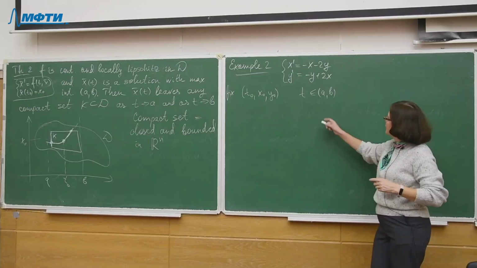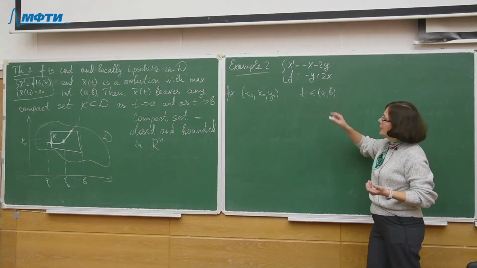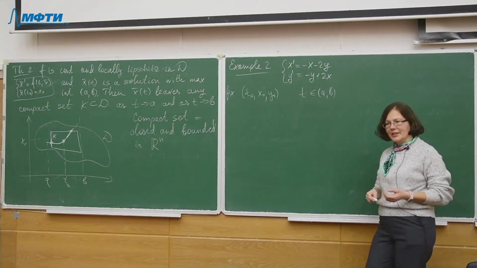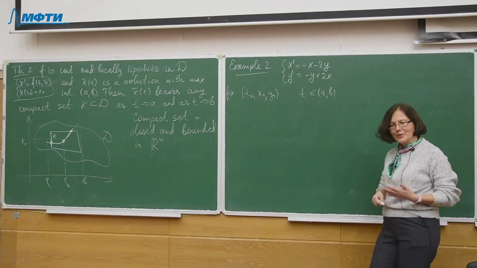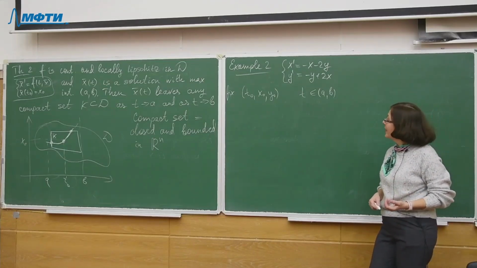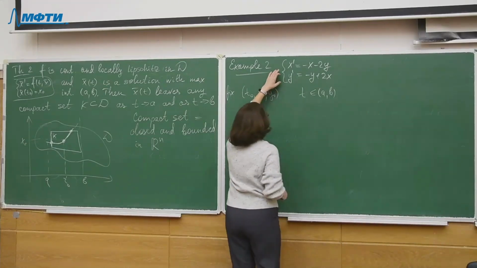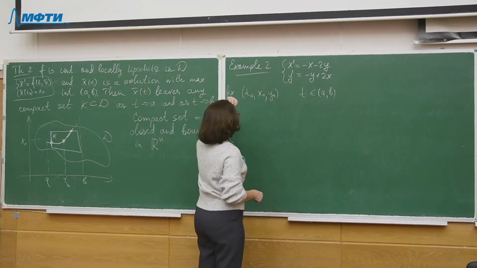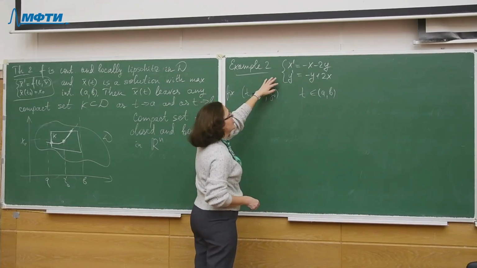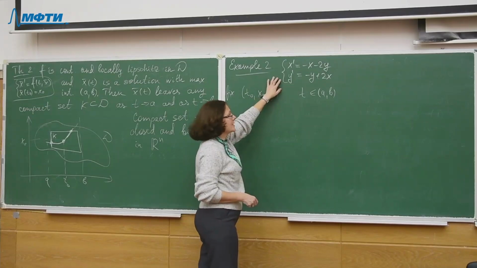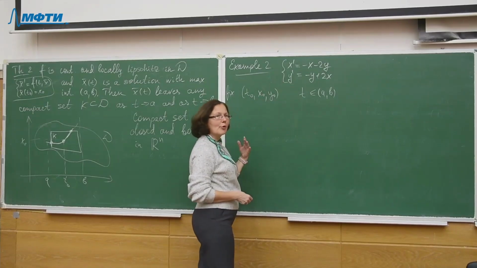Now I want to show that b is positive infinity. So b is infinity. Why? First of all, I'd like to rewrite these equations in the polar form, in polar coordinates.